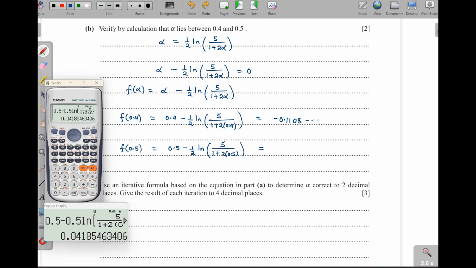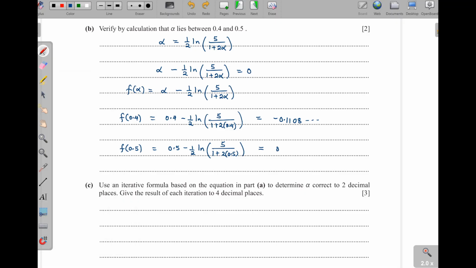So you can see that we are getting a positive 0.04185, and the rest of those figures.